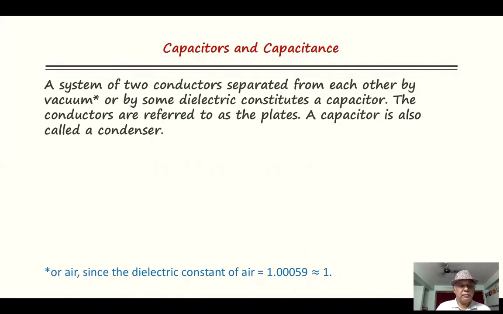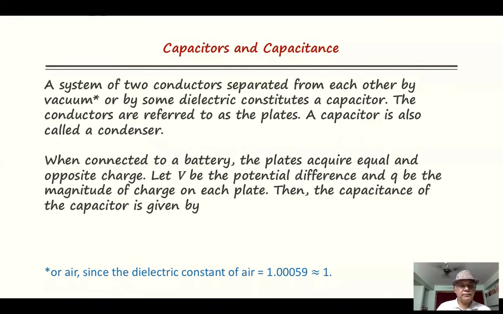Instead of vacuum, we can say air, since the dielectric constant of air is equal to 1.00059, that is almost equal to 1, the value for vacuum. When connected to a battery, the plates acquire equal and opposite charges. Let V be the potential difference and Q be the magnitude of charge on each plate.